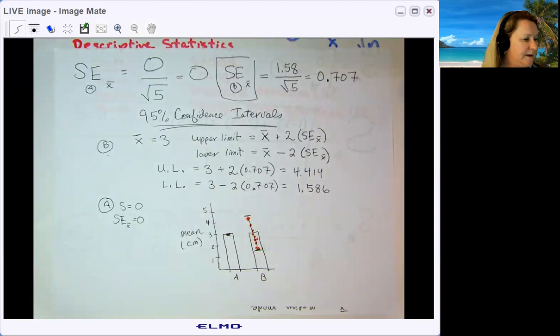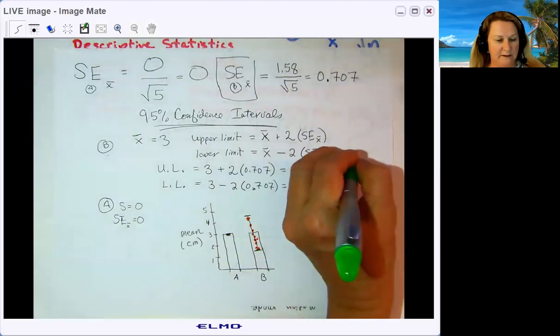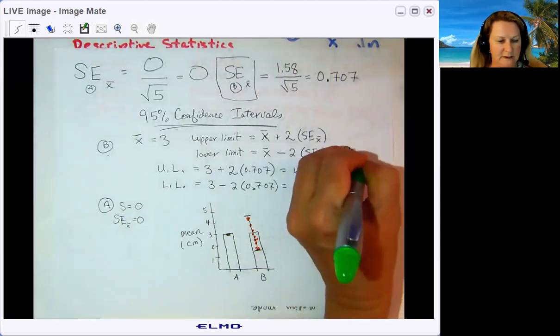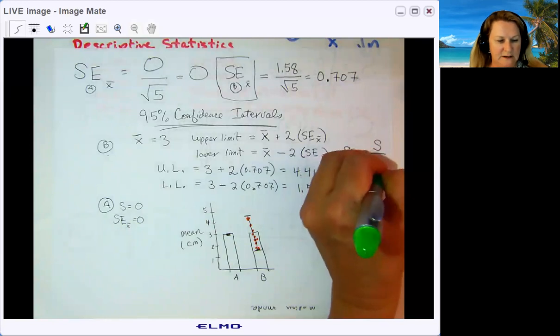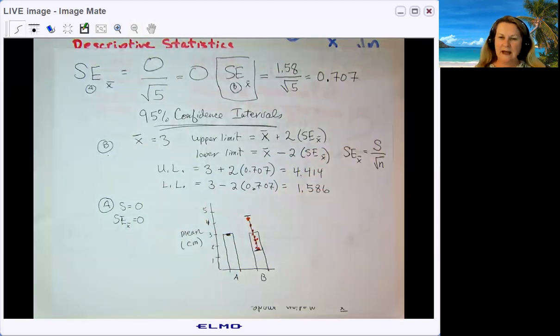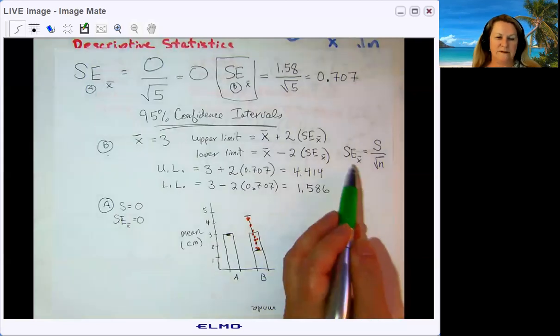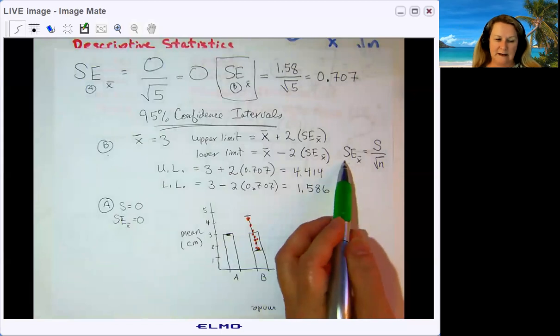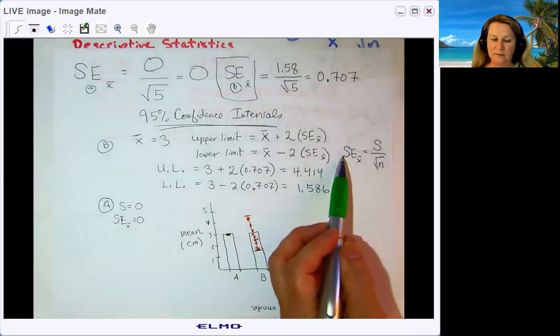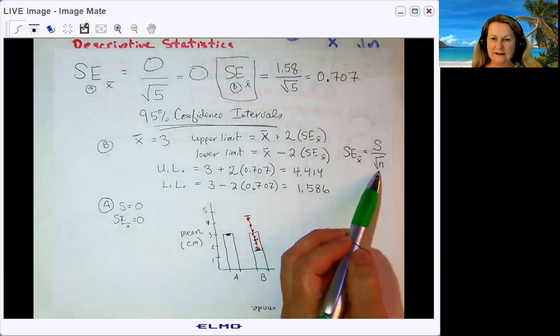Now, if we go back to the formula for standard error of the mean, which is standard deviation over the square root of n, how could we tighten up that standard error of the mean? How could we get that confidence interval smaller? Well, standard error of the mean is inversely proportional to the number of members in your data set.